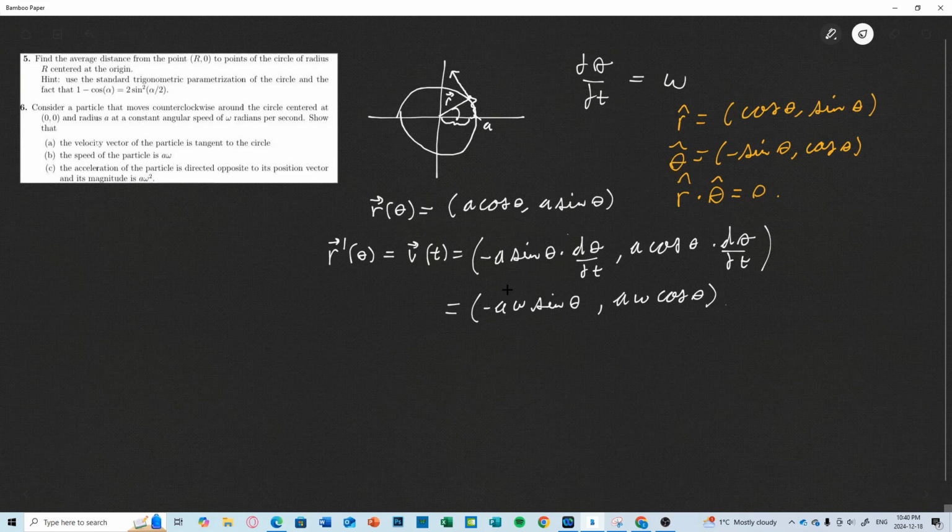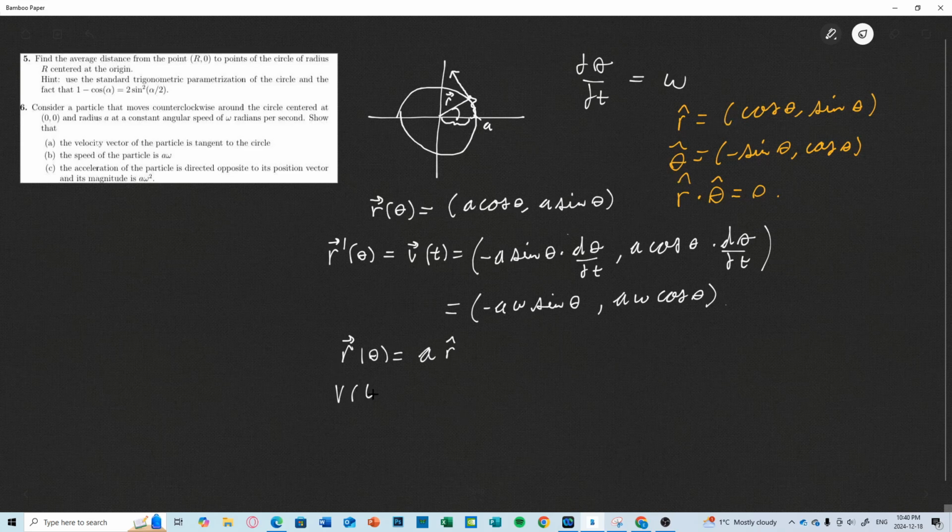So if you look at our question, we want to make sure that our velocity vector is a tangent to our position vector. But if you look at our position vector of r of theta, this just becomes a multiplied by our r unit vector.